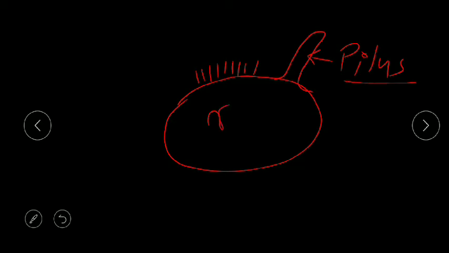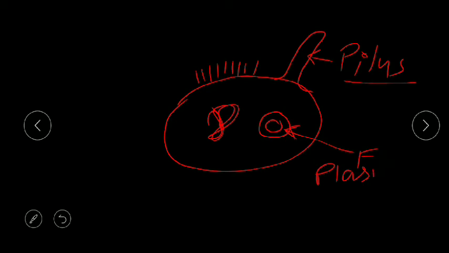Now, to look at this, fimbriae are like this, and pilus is like this. To form this pilus, there should be a presence of F plasmid, because F plasmid has one gene that is known as F gene or F factor.